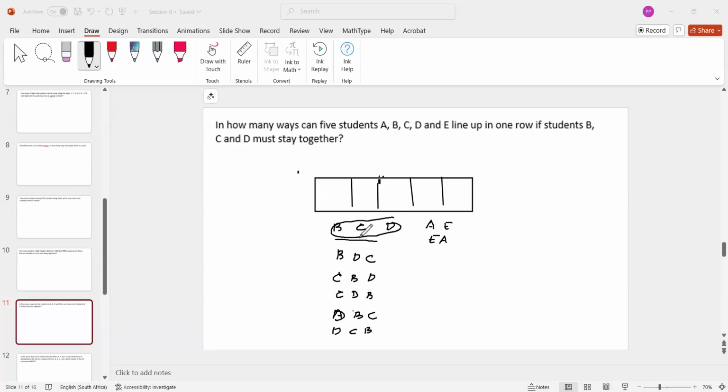As I said earlier on, it's 1 times 2 times 3, so that's 6. So there are 6 ways in which you can arrange these guys.